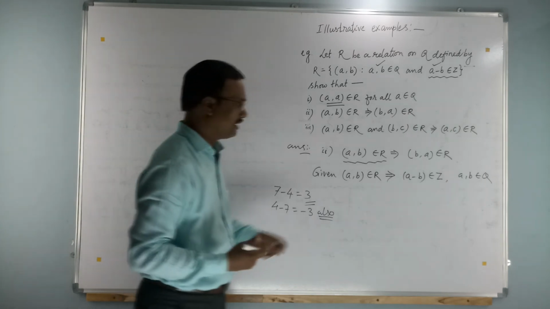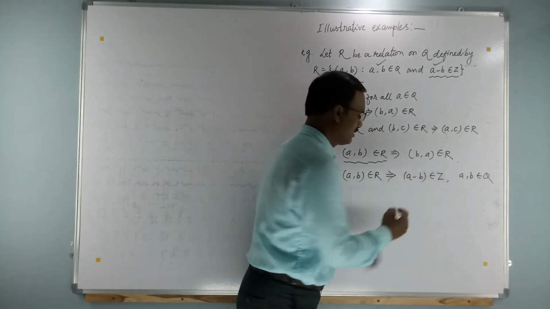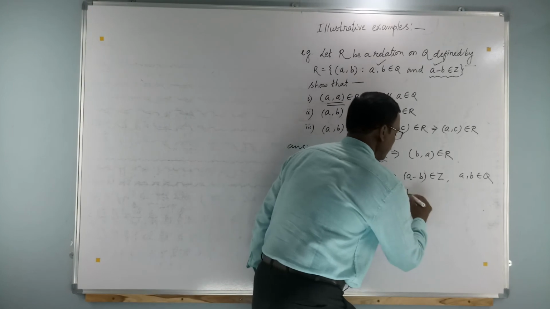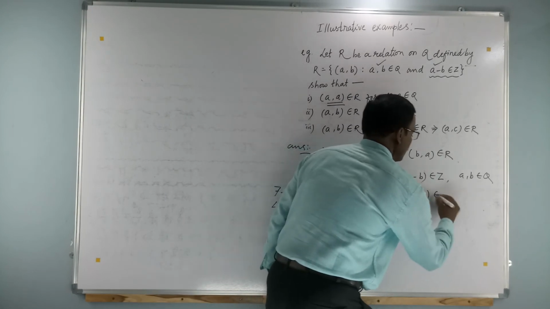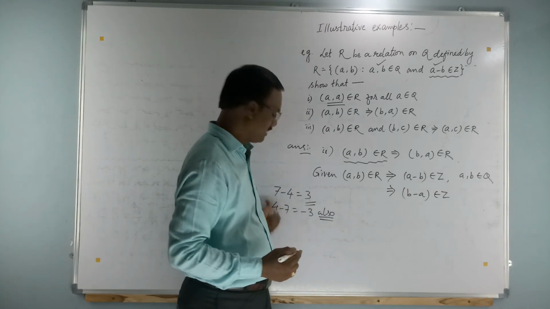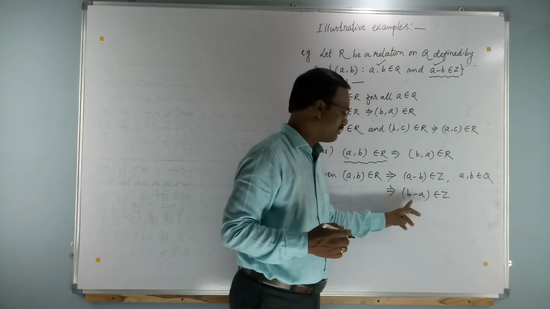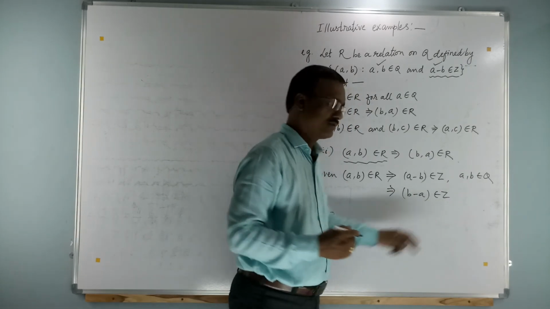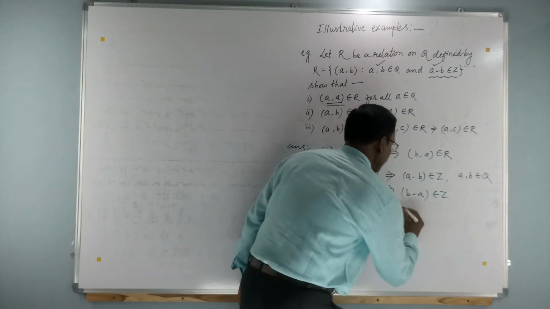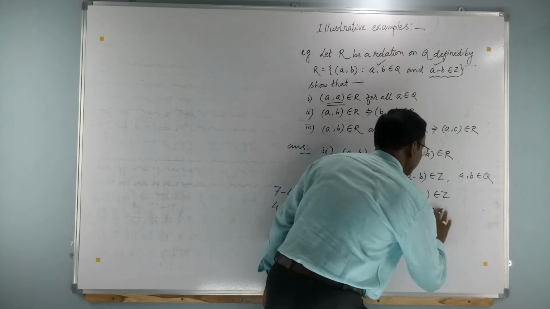With the same claim, we can say that a minus b belongs to Z implies b minus a also belongs to Z automatically. Since b minus a belongs to Z, now the first element is b and the second element is a. That means the pair (b, a) belongs to R.